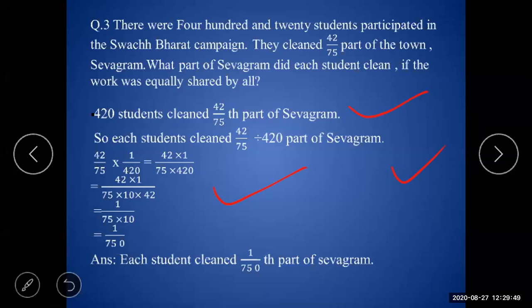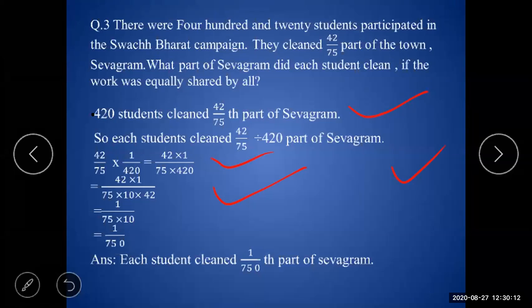So the reciprocal of 420 will become 1 upon 420. So we have written here 42 upon 75 multiplied by 1 upon 420.